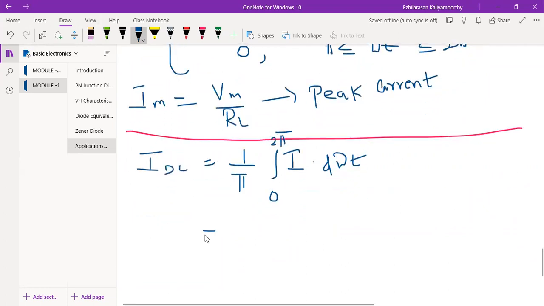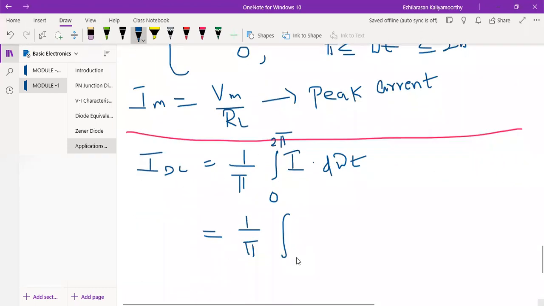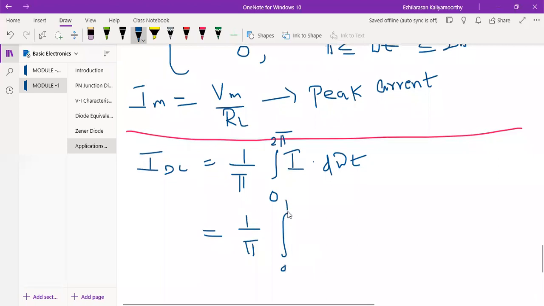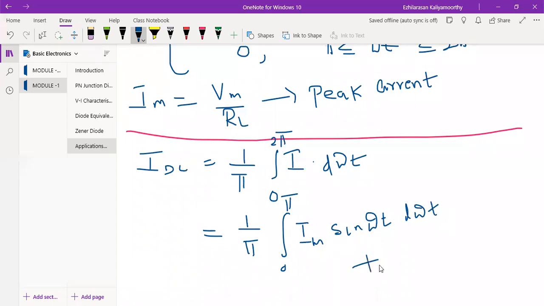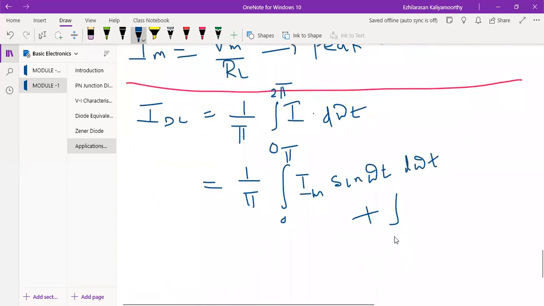So what is I actually? We know that 1 by 2 pi, from 0 to pi, where I is nothing but Im sin omega t into d omega t, plus then the second interval, pi to 2 pi, where the value is 0, so 0 into d omega t.